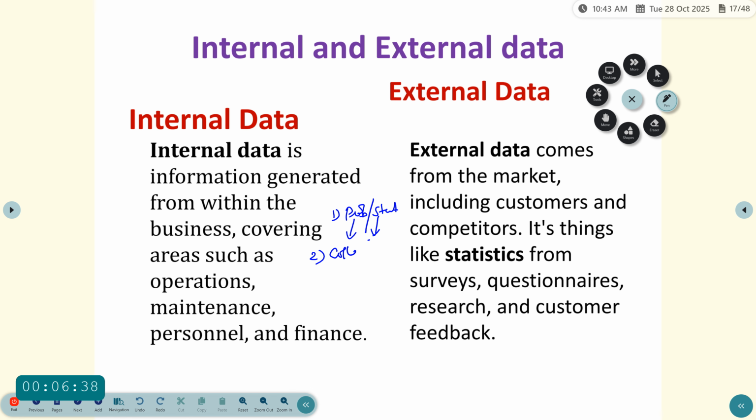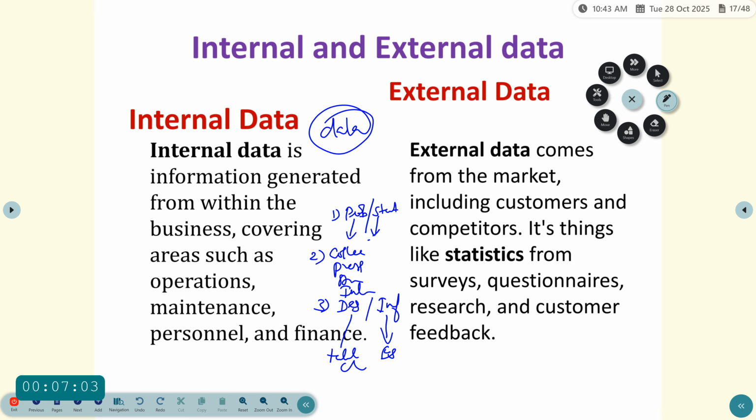Collection of data, presentation of data, analyzing of data, and giving interpretation of data. Then what are the two types of statistics? Descriptive and inferential statistics. Descriptive statistics deals with tables, charts, and diagrams. Inferential statistics deals with estimation theory and testing of hypothesis. Then what is data? Data is the collected information, either numerical or in any other form.